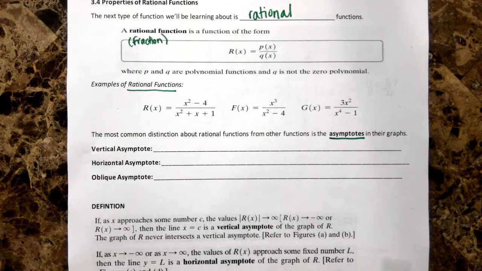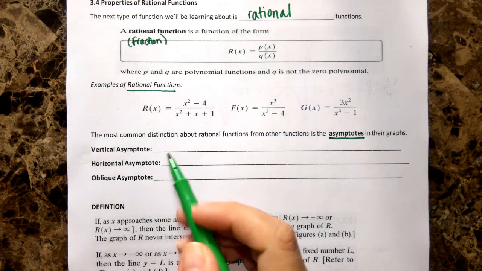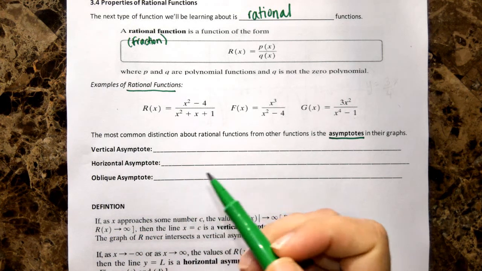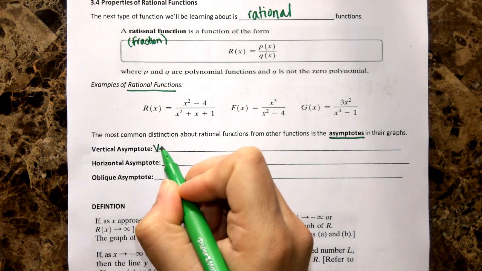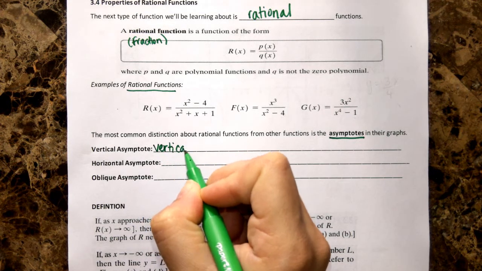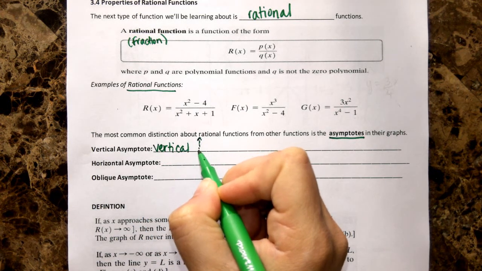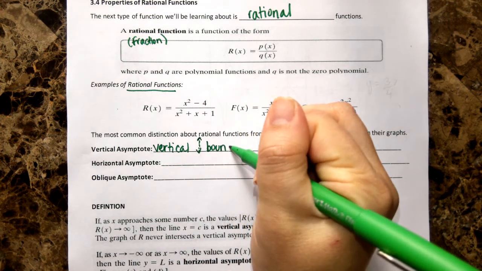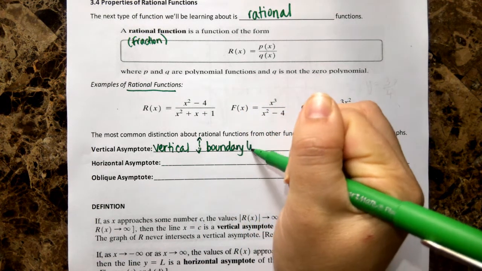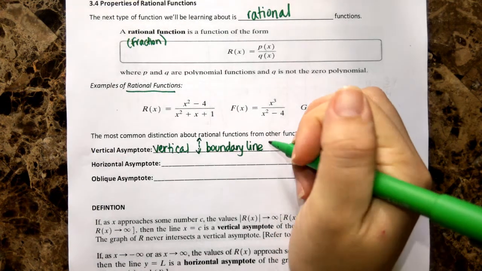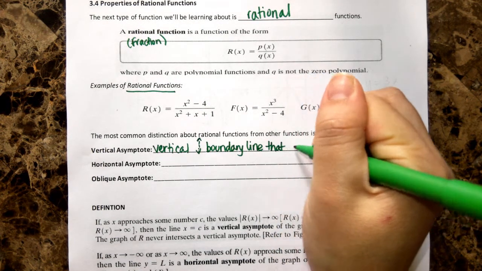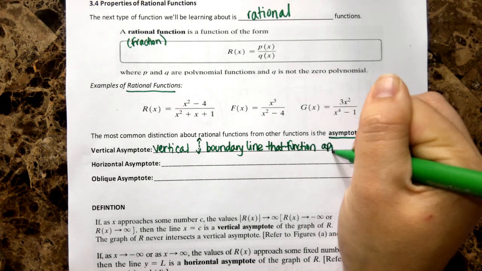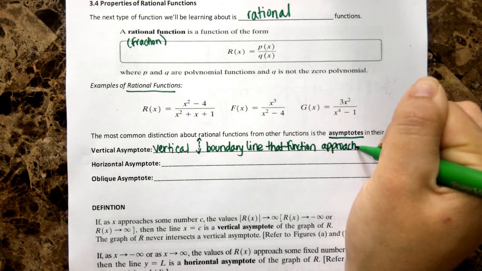So the first type of asymptote that a rational function can have is something called a vertical asymptote. And all a vertical asymptote is, it's pretty much just a vertical, that means up and down, a vertical boundary line that a function approaches, it gets really, really close to, but it doesn't actually ever intersect.